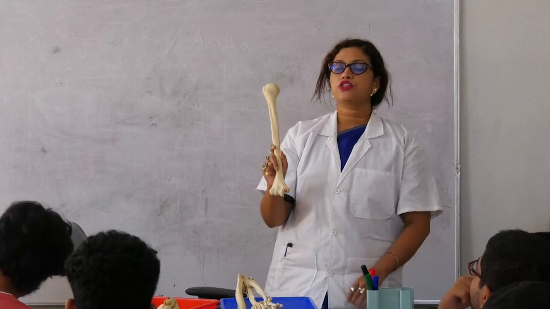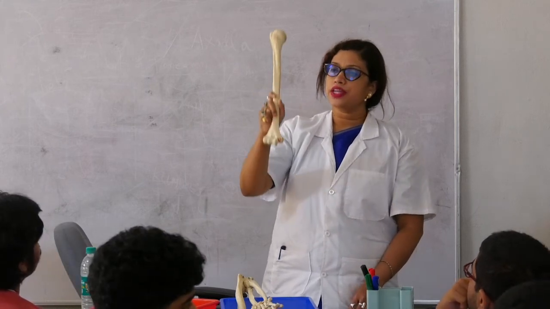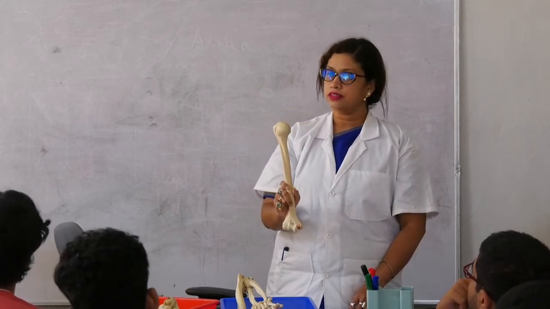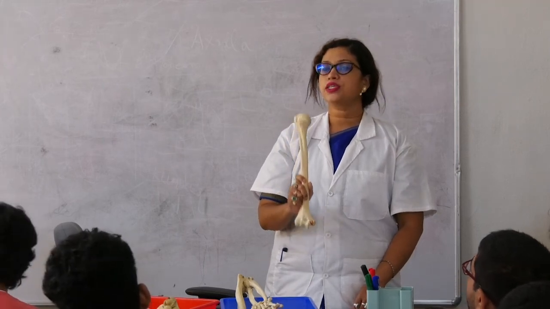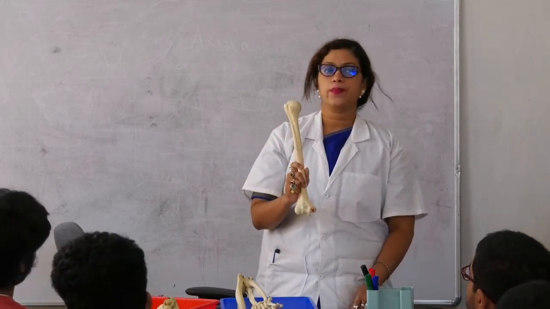So in case of shoulder dislocation it occurs inferiorly and anteriorly, but not superiorly or posteriorly. Why?